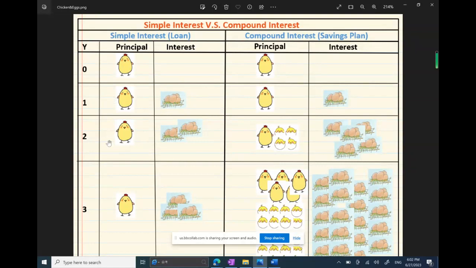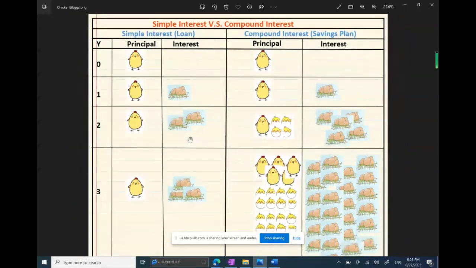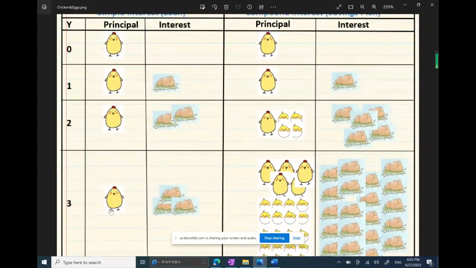At the beginning of year 2, you still have one chicken, right? Since during the second year the chicken will lay another 4 eggs, your cumulated interest at the end of year 2 would be 4 times 2, 8 eggs. Does that make sense? And at the beginning of year 3, you still have one chicken as principal.